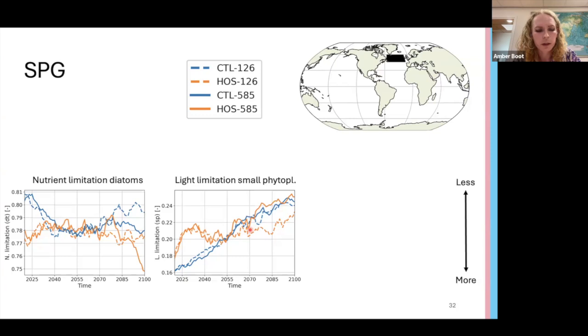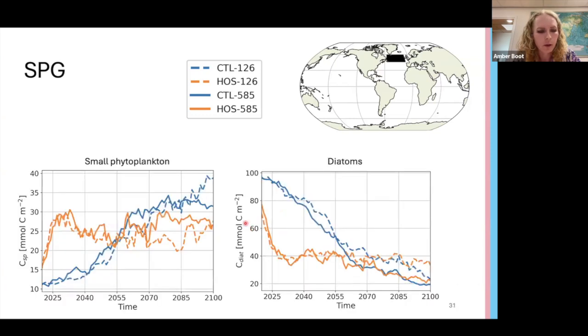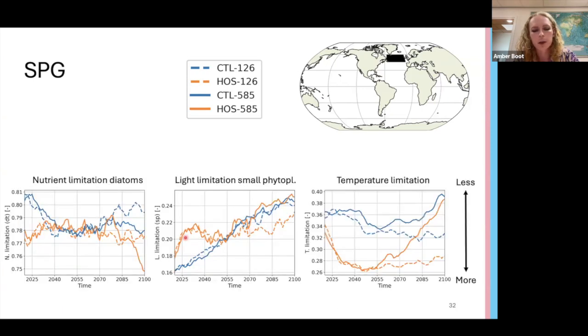Now, in the small phytoplankton, in the control simulation we see a decrease that continues the entire century, and here we see a leveling off in the heating simulation. This is also related to very strong temperature limitation in the heating simulations following the AMOC weakening. We get a very strong cooling, and that also limits the productivity in this region.